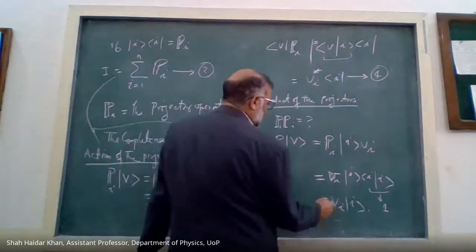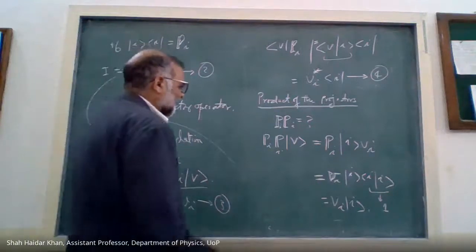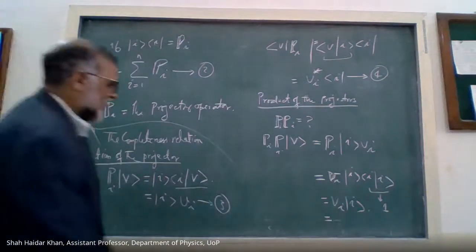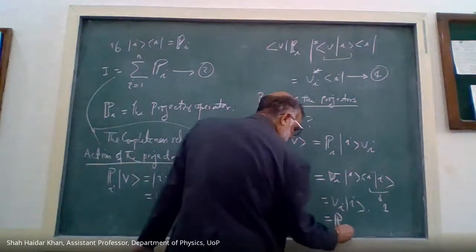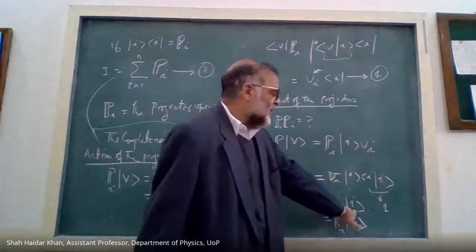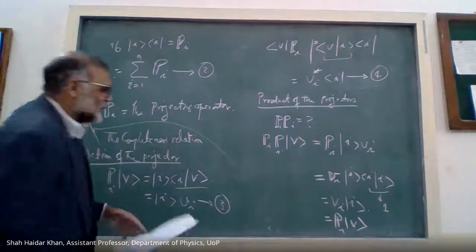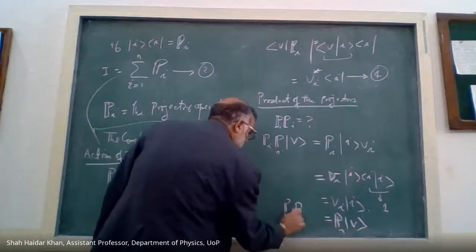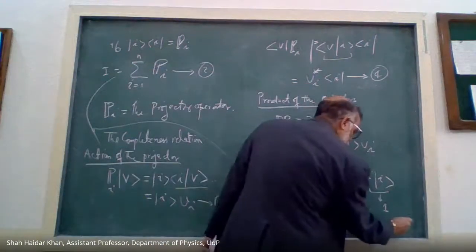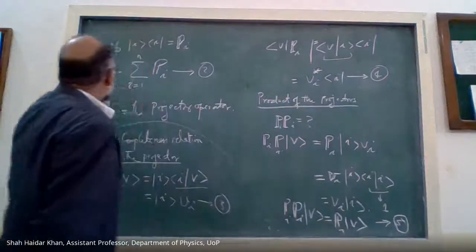So if we go back here, that is equal to the action of P on vector V. Here we put ⟨i|V⟩|i⟩, which is equal to P_i acting on ket V. So what we get here is P_i P_i |V⟩ is equal to P_i |V⟩. That is equation number 5.